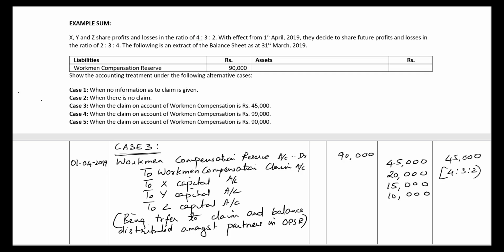So now in the reconstituted balance sheet, the workman's compensation claim will appear at 45,000 in the liability side and reserve will no longer appear.